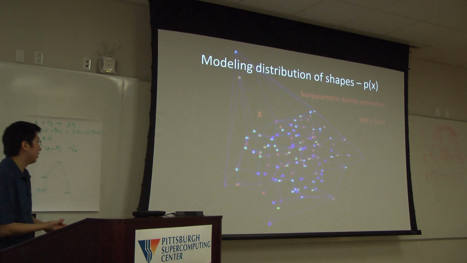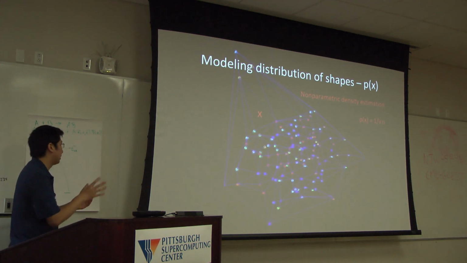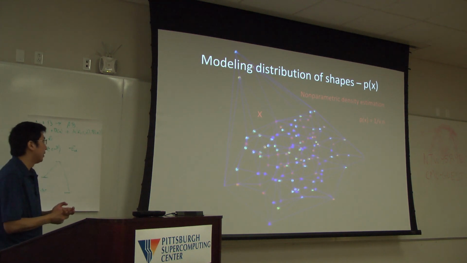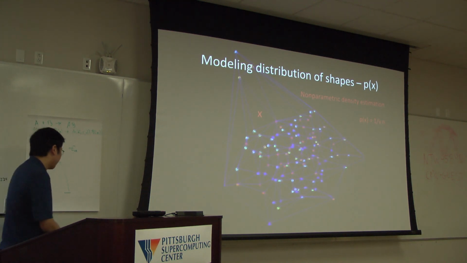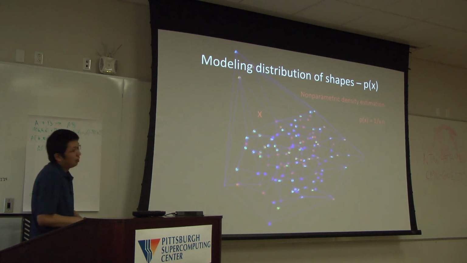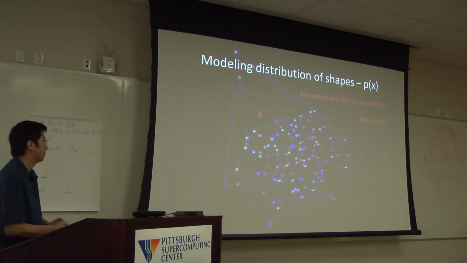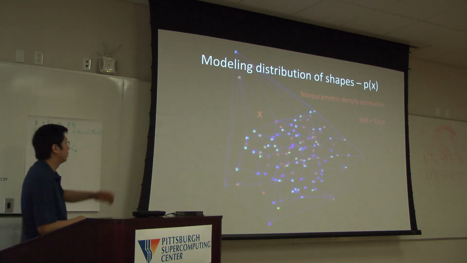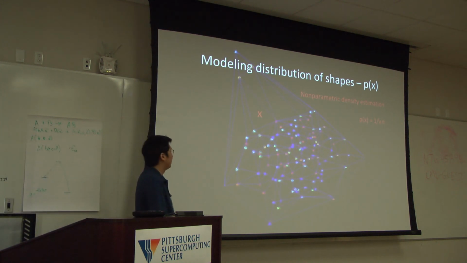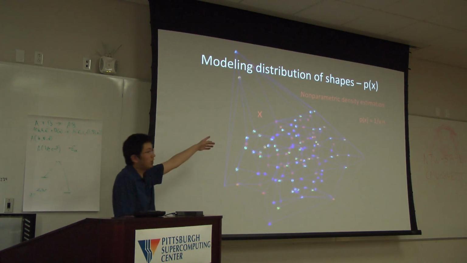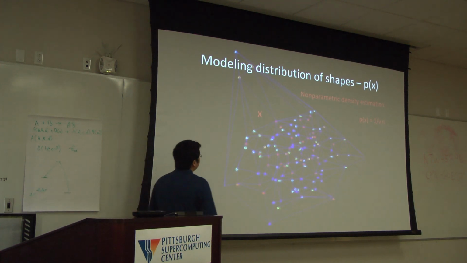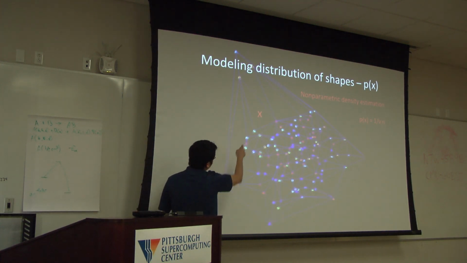And now let's talk about the applications of the diffeomorphic model. The first application is to model the distribution of the shapes. One method is to use nonparametric density estimation. Suppose we want to know the probability density in this location.